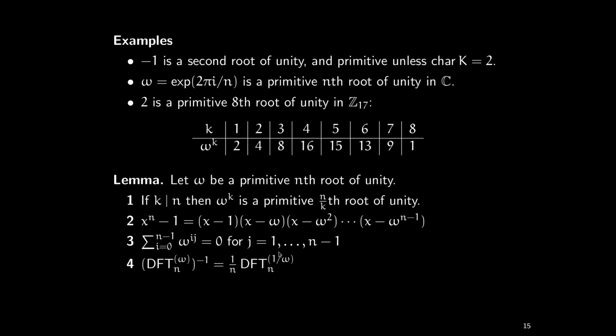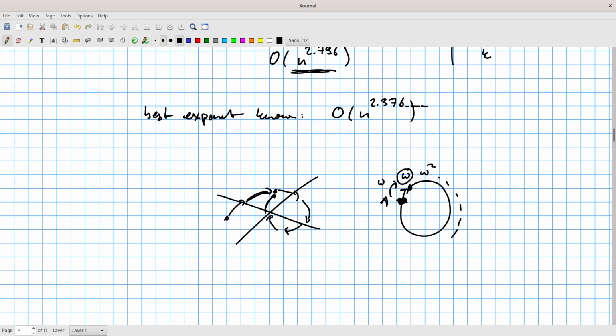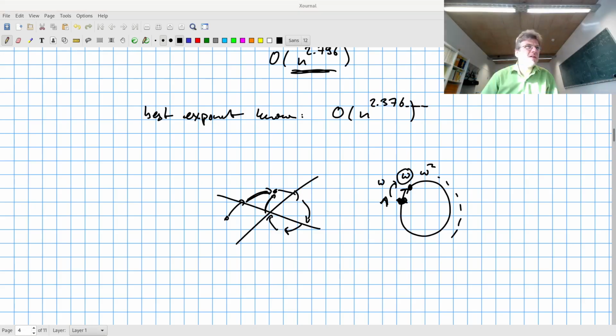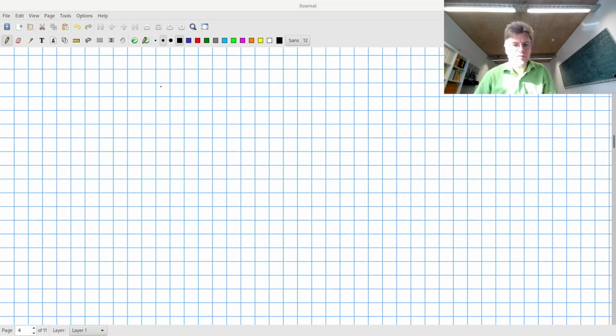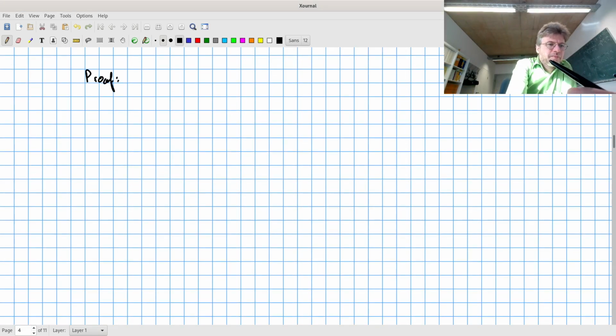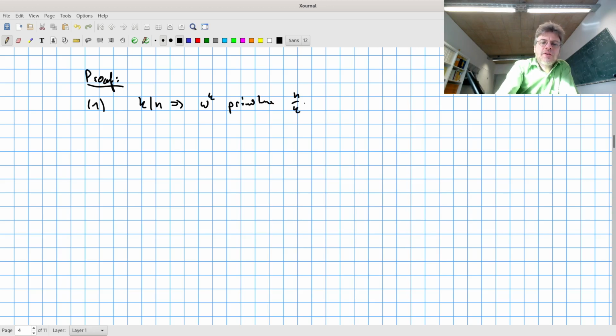So let's see why these things here are true. So remember the proof. The first thing said that if k divides n, then omega to the k is a primitive n over kth root of unity.